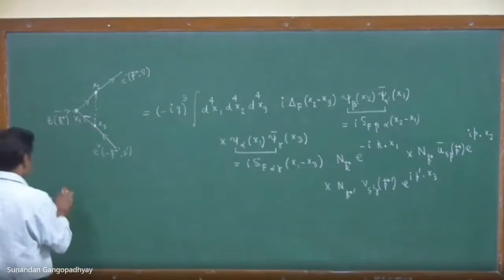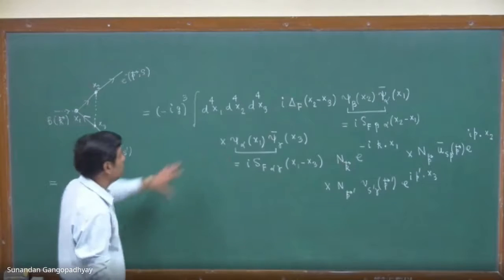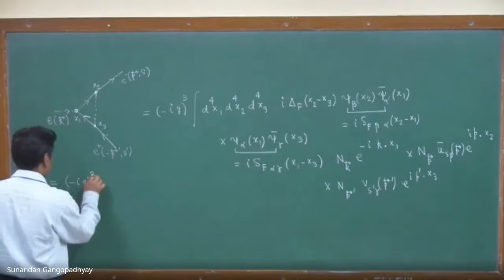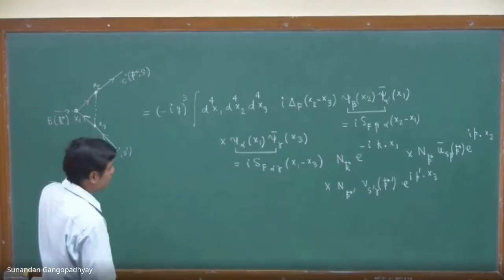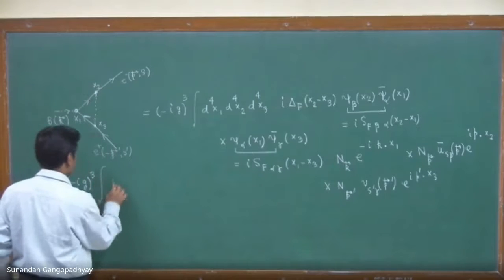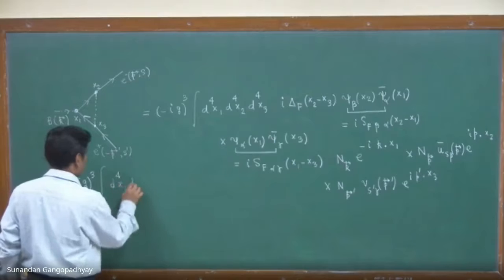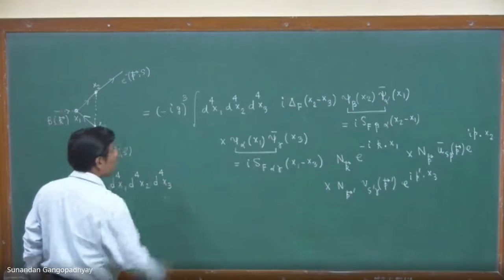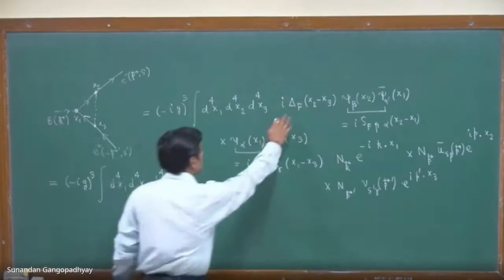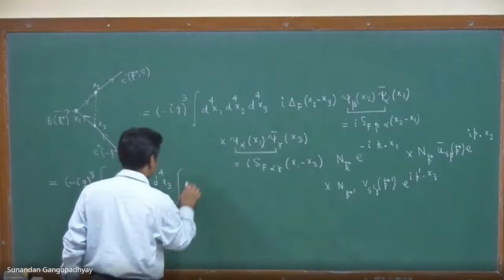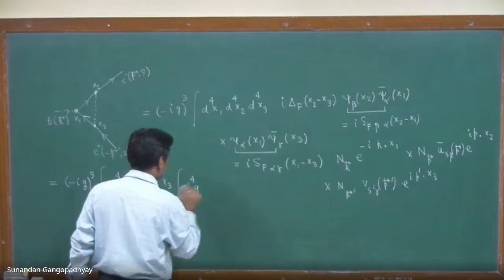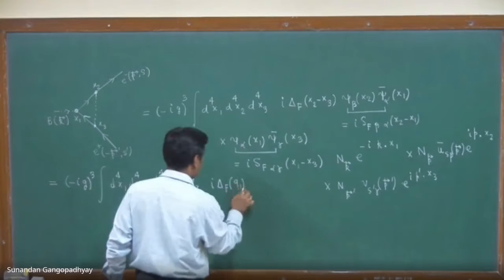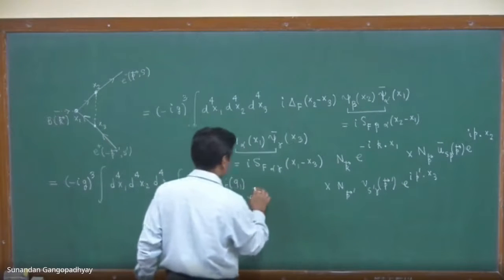So now, once we have applied the final rules in the position space, what we now need to do is the following. We shall now move on to the momentum space. And to do that, take this term and let us Fourier transform it.